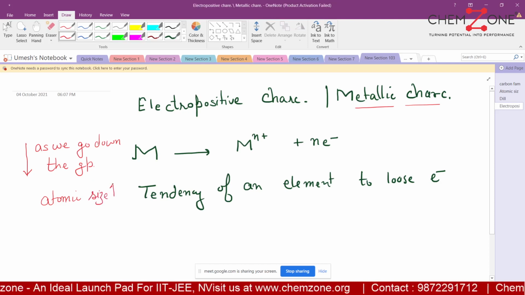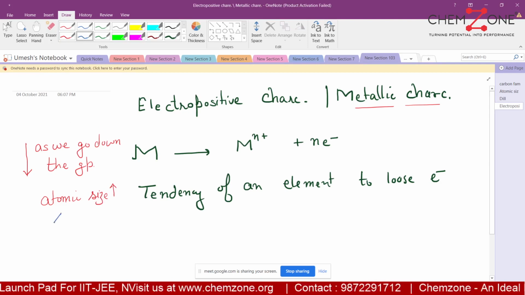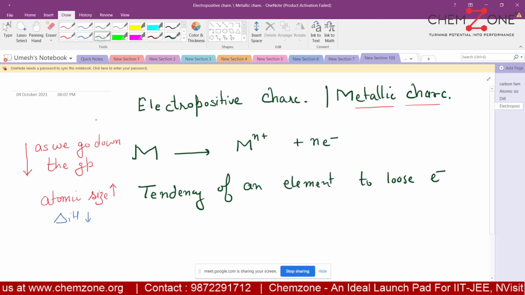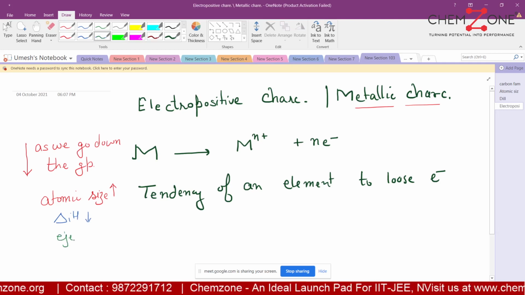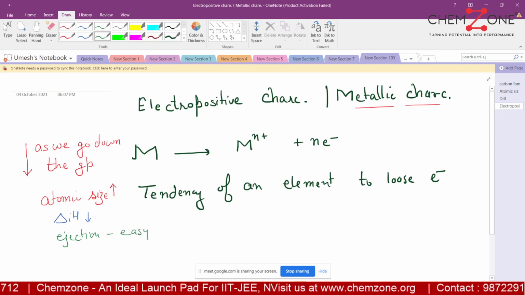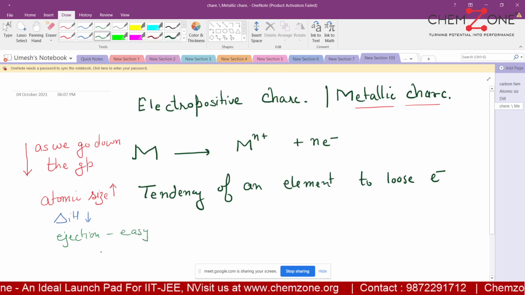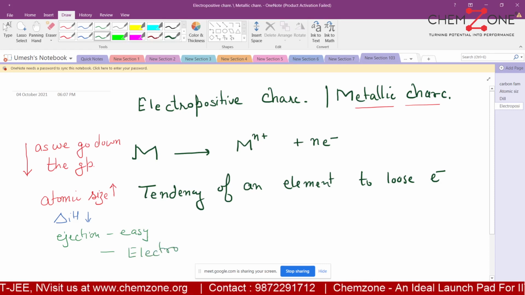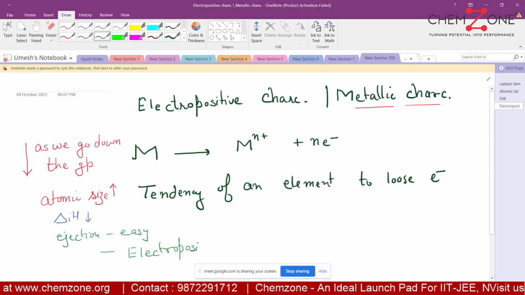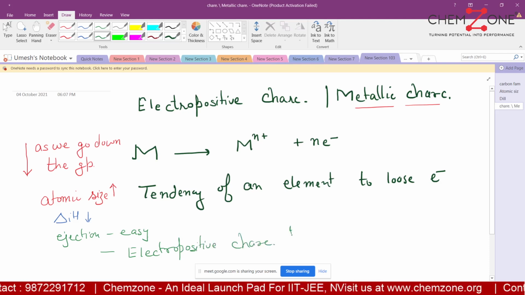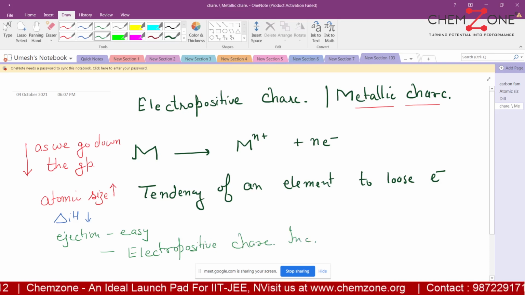Atomic size increases, and with this the enthalpy of ionization decreases. So ejection becomes easy. We require less energy. So the electropositive character increases. Am I clear? Yeah.